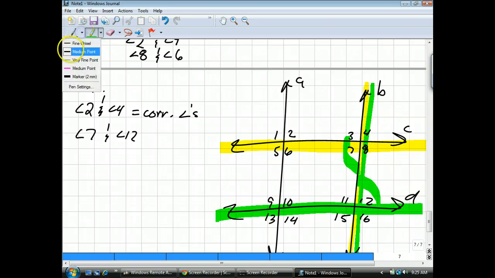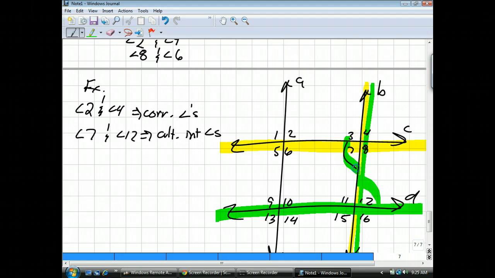So remember that those are called alternate interior angles. So these would be alternate interior angles, okay? Because they're on opposite sides of the transversal and they're between the 2 lines, okay?